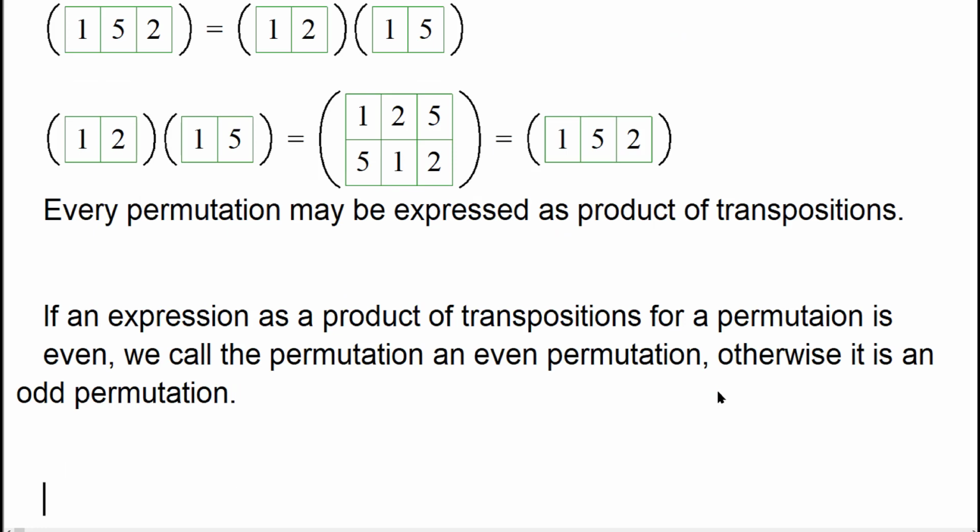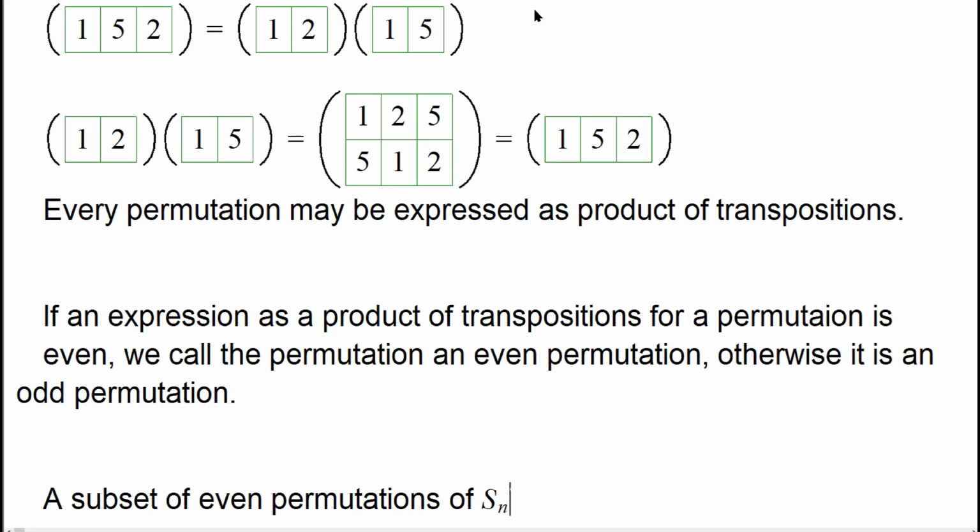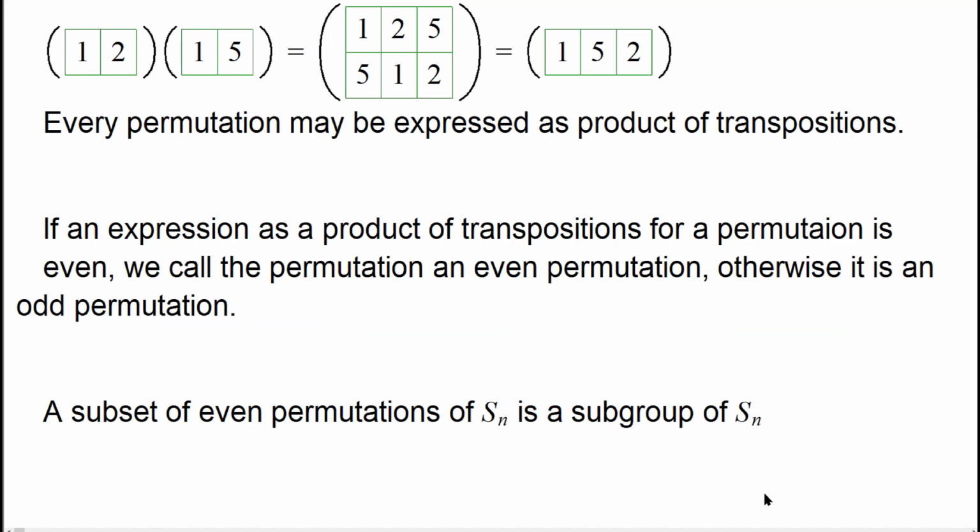Now, just one last thing: the subset of even permutations of Sn is a subgroup of Sn. Remember, if I have a finite group, then in order to be a subgroup, all I need is to satisfy the closure property. And your book proves that the identity is an even permutation, so we are talking about a non-empty subset.